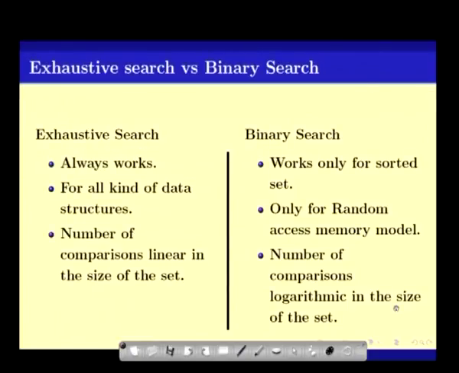So, a comparison: exhaustive search always works. It can work on any kind of data structure, but the number of comparisons required is linear in the size of the set. Binary search only works for sorted sets, only for random access memory, but when it does work, it works in logarithm of the size of the set. This is the advantage of binary search.